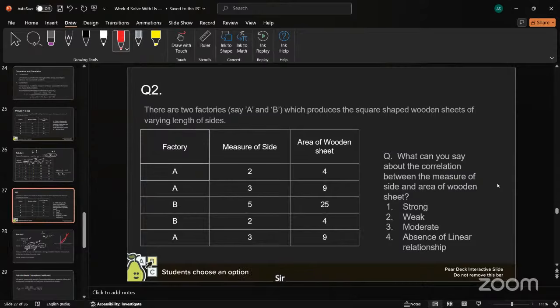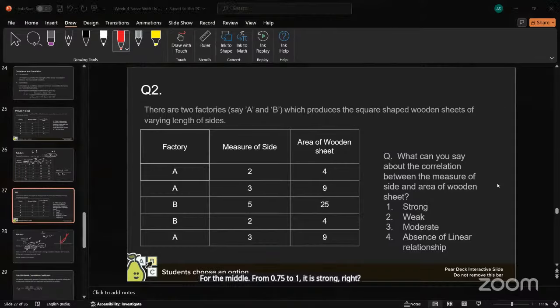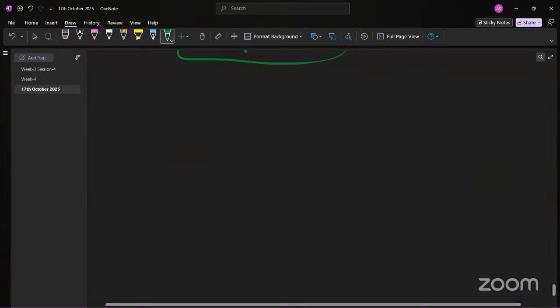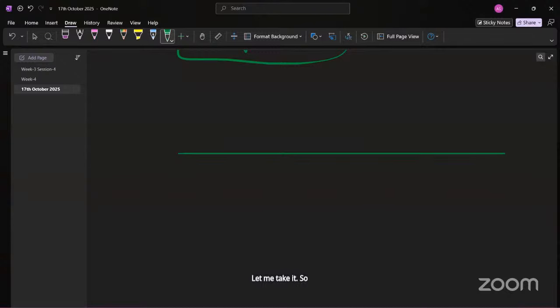Sir, what range is moderate? Moderate was from 0.5 to 0.75, or am I wrong? From 0.75 to 1, it is strong, right? Let me write it. So this is your line, 0.